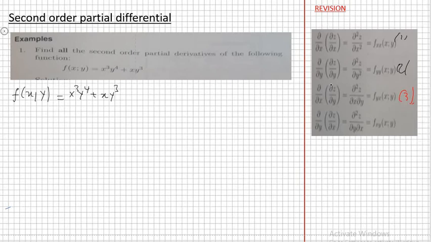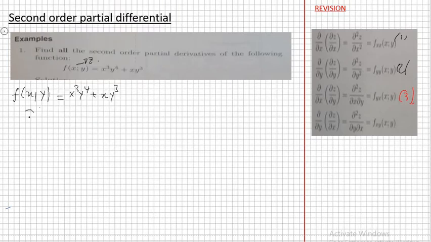So again we first need to derive it with respect to y. If we apply the first derivative of this function, we get, so we call this function z, or we can also use this notation here.